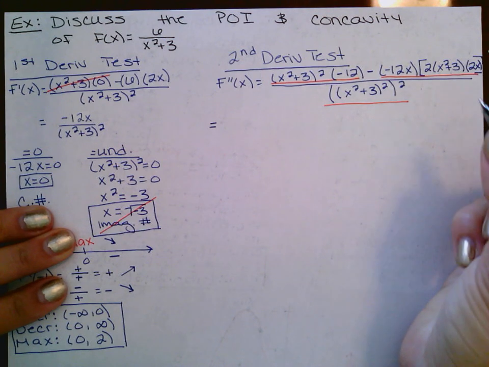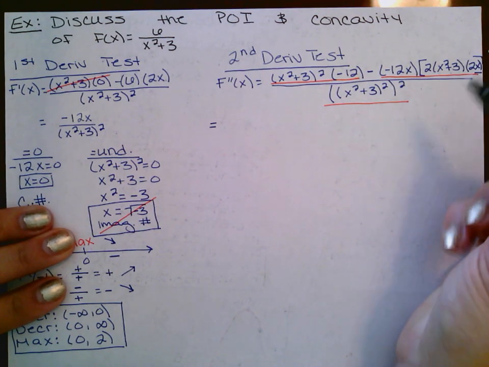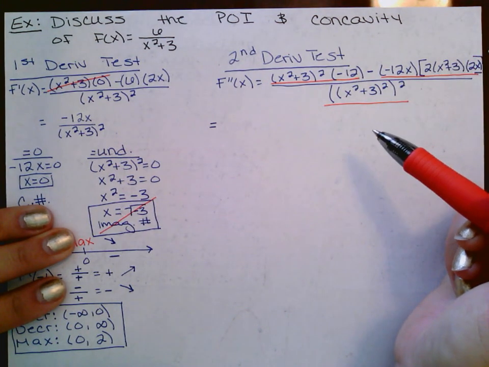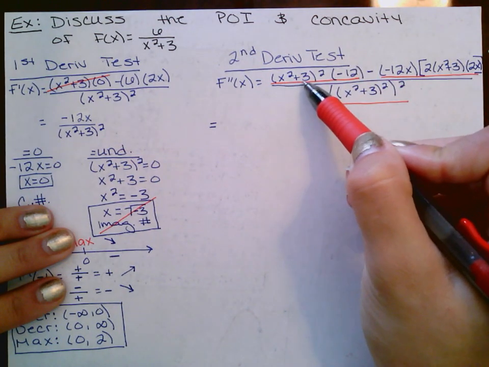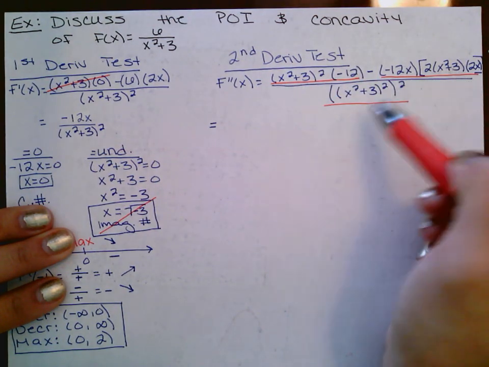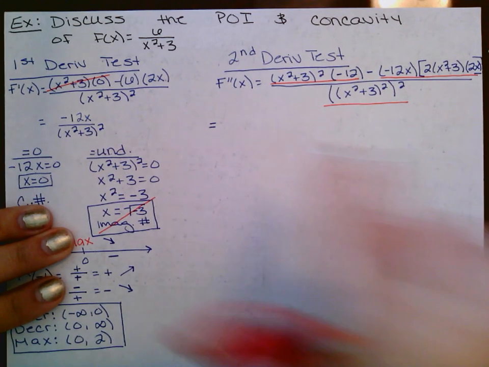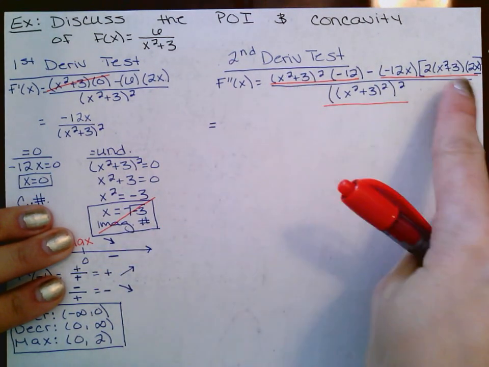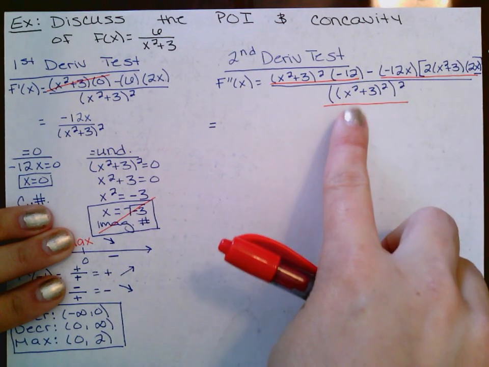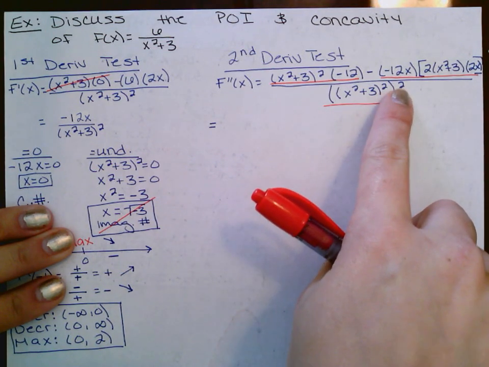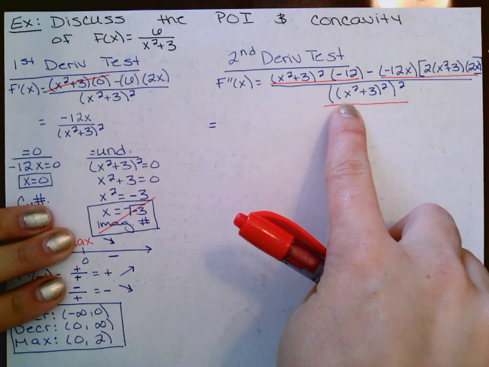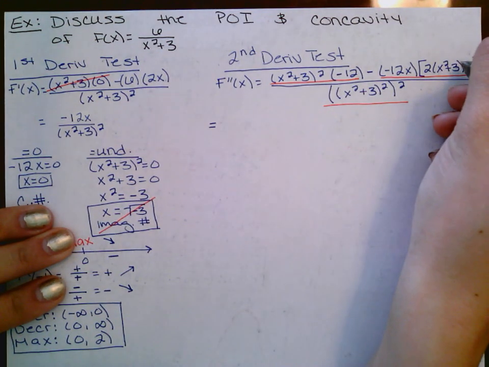Again, this happens very often in the second derivative. If you can catch that there's an x squared plus 3 in all three terms, you want to analyze how many you can take out. This one has 2 of them, this one has 1, and this one, 2 to the second power is to the 4th, so this has 4 of them, which means I can take 1 out of each.